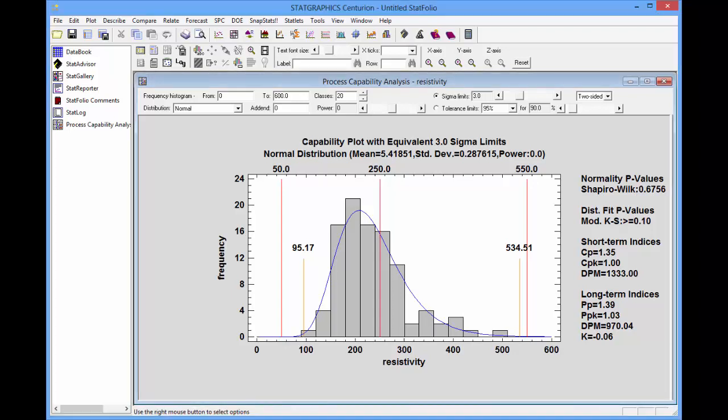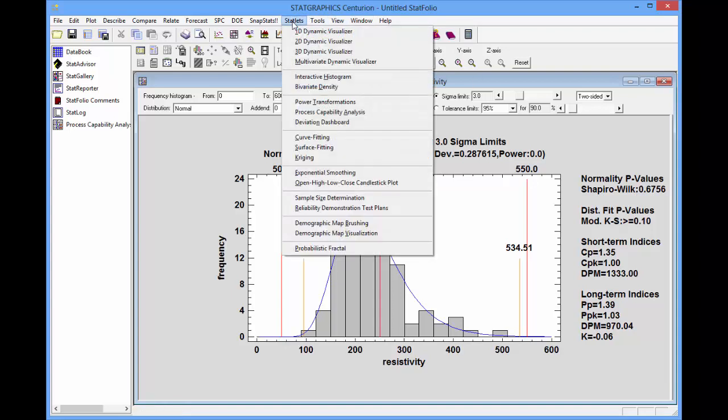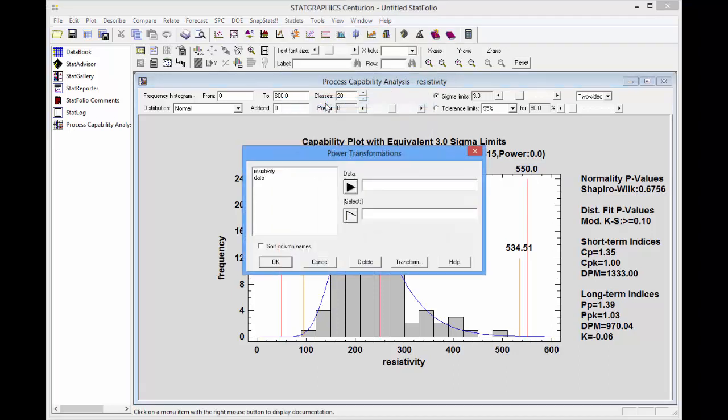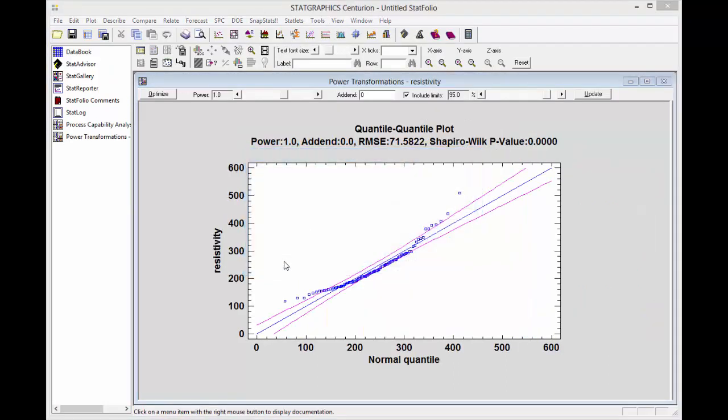To find the optimal power transformation, I'm going to call on another Statgraphics procedure. I'm going to go back to my main menu and under Statlets choose Power Transformations. I'll put in resistivity and press OK, at which point a second window will open.